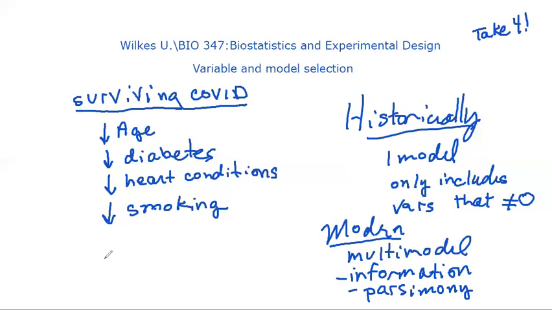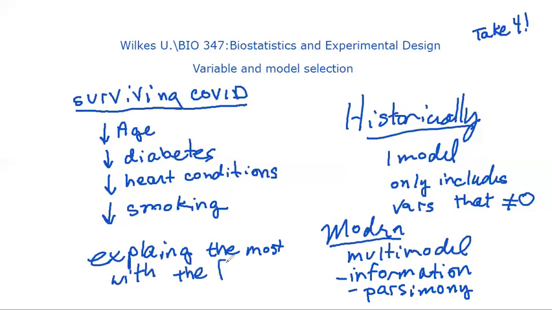Parsimony is this idea of explaining the most with the fewest parameters. Okay, explaining the most with the fewest parameters.